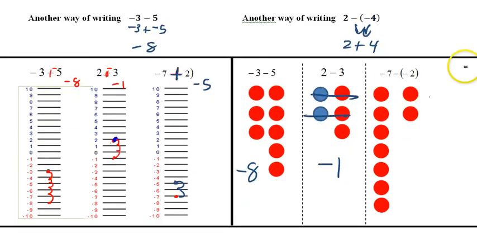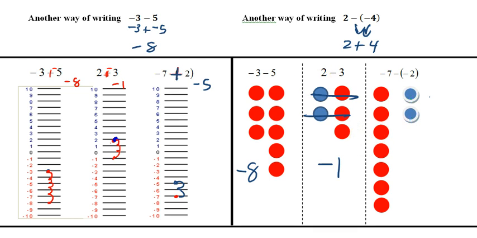All right. So that's what we're going to do here. We're going to take away a negative. Well, if you take away a negative, that means it's a good thing, which means that one is going to turn into a positive, and that one will turn into a positive. That's all that's happening. Subtracting a negative is changing that into a positive sign.